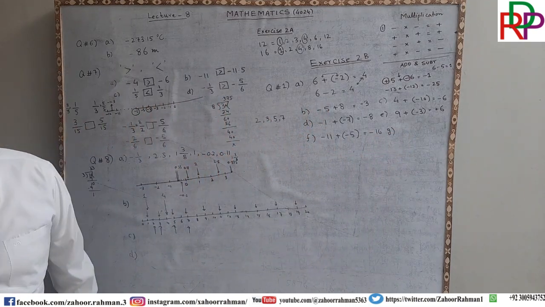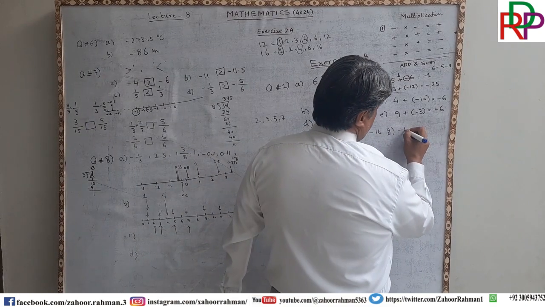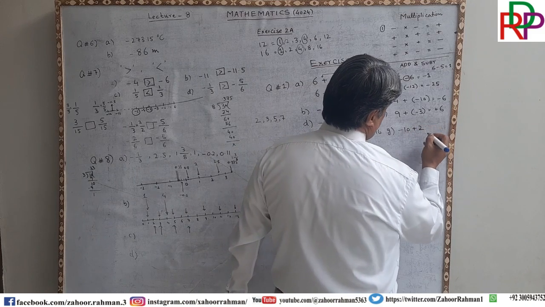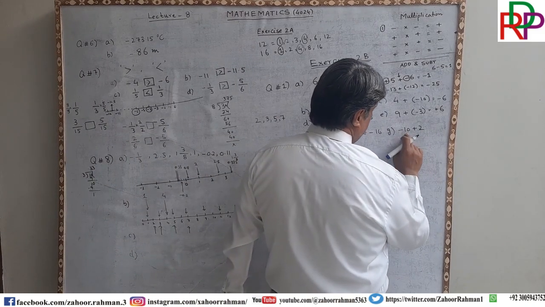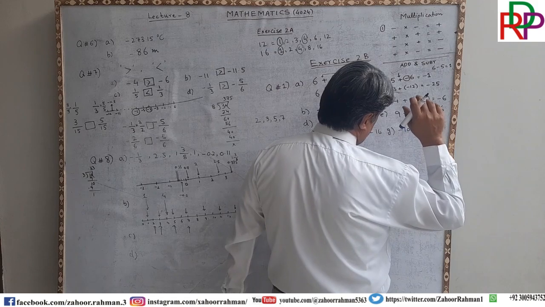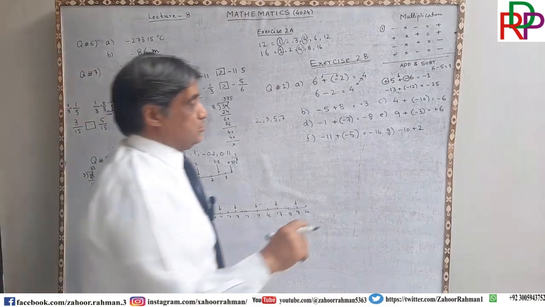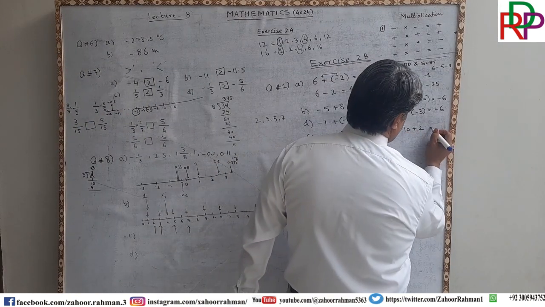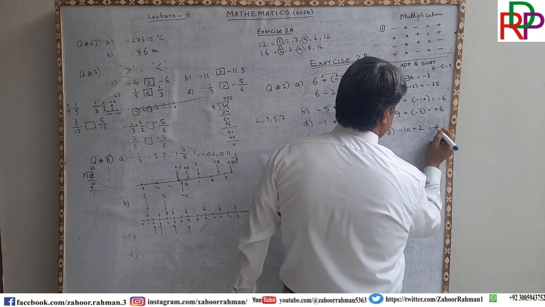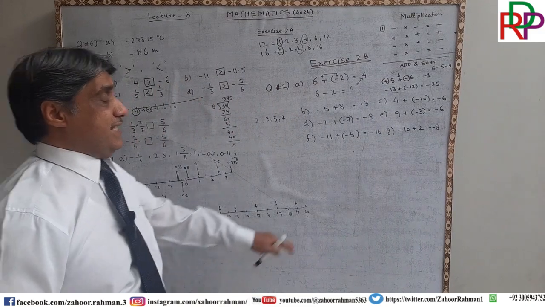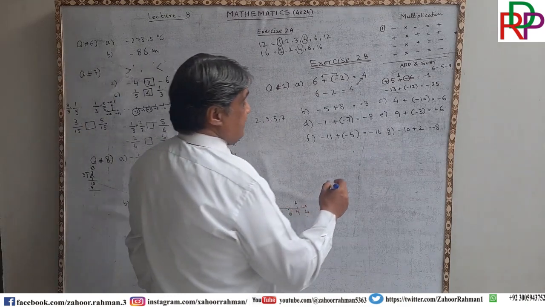And then the G part is saying minus 10 plus 2. Again different symbols, so subtract the smaller number from the larger number, without giving any consideration to the sign. So from 10 we have to subtract 2, and that is 8, and we will put the negative symbol because 10 is the larger number, and that is its symbol.